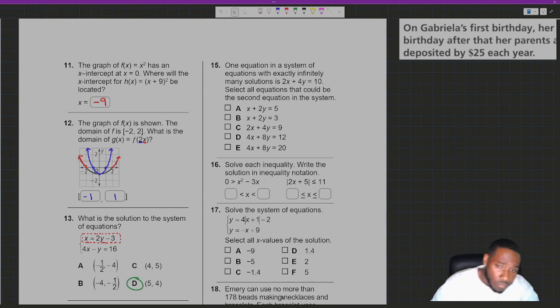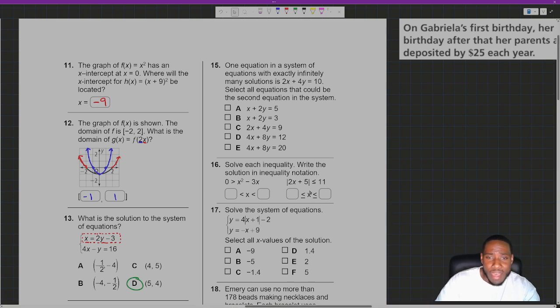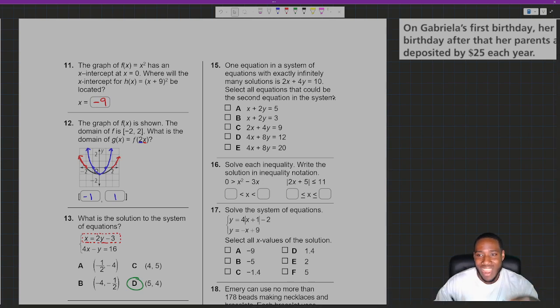Okay. So when we say we have a system with infinitely many solutions, what that means is the two or multiple equations in our system are identical or equivalent. Okay, so we could make them all into the same equation because the relationship between their inputs and outputs is identical.